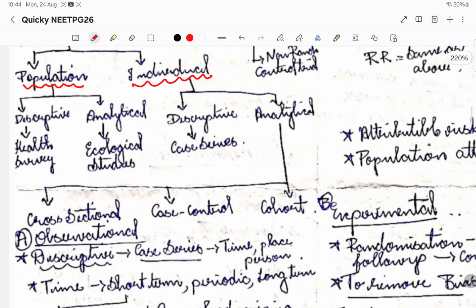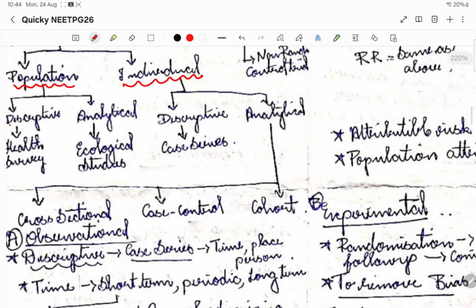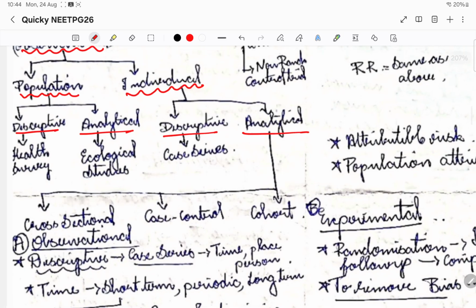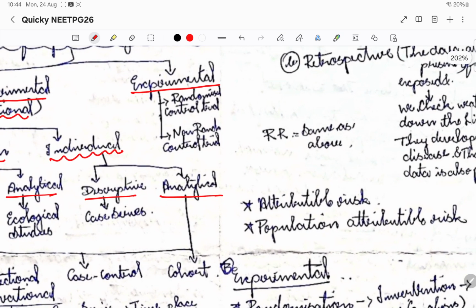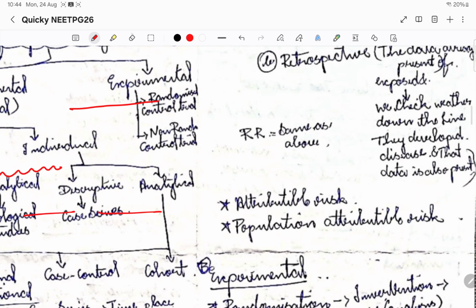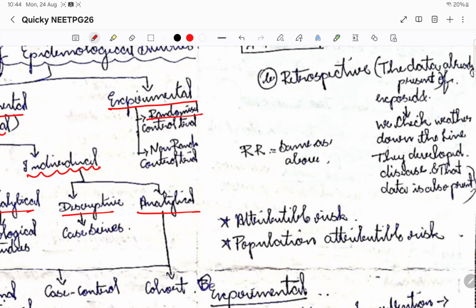In population studies, it is descriptive and analytical. In individual also it is the same, descriptive and analytical. Coming to experimental study, it is going to be a randomized control trial and non-randomized control trial. We'll come back to that later.